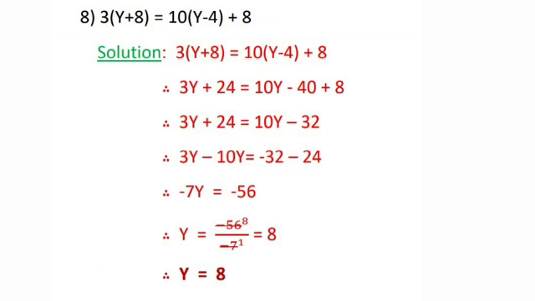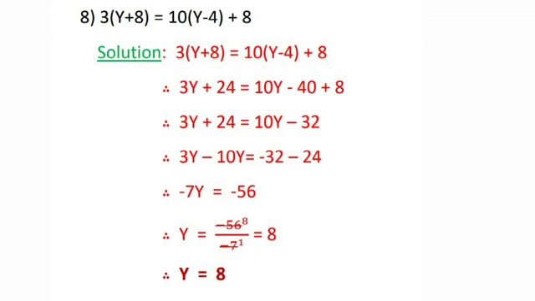Now bring 10y to your left hand side and take 24 to your right hand side. So 3y minus 10y is equal to minus 32 minus 24. 3y minus 10y, minus into plus is minus. So 10 minus 3 is 7. Sign of a bigger number is minus. So minus 7y is equal to minus minus is plus.